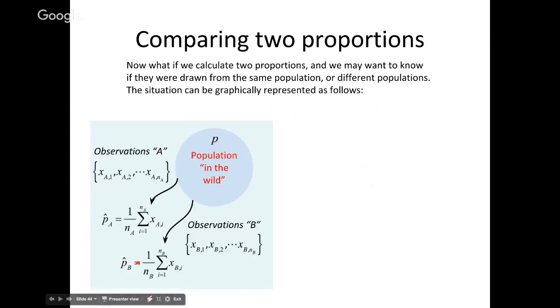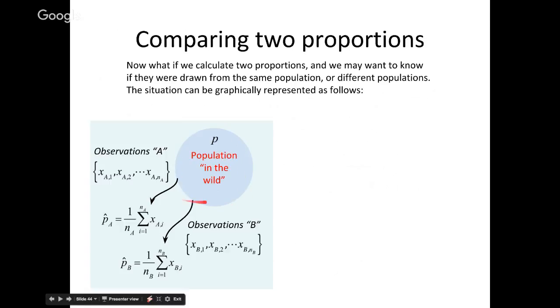So then the question becomes, is the difference between p sub b hat and p sub a hat, and of course there will be differences in those two numbers, statistically significant in the sense that they suggest we're sampling two different populations, or is it just random variation and we're actually sampling the same population?